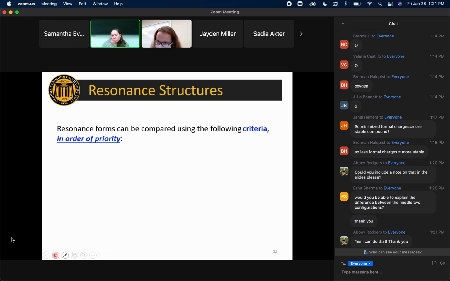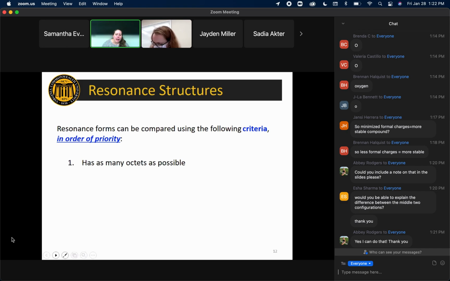These are the rules that you follow if I ask you, what's the major contributor of this set of resonance structures? First and foremost, look to see which has all of the atoms' octets full, right? So if you have one that has all the octets full and another one that doesn't, go with the one with the full octets.